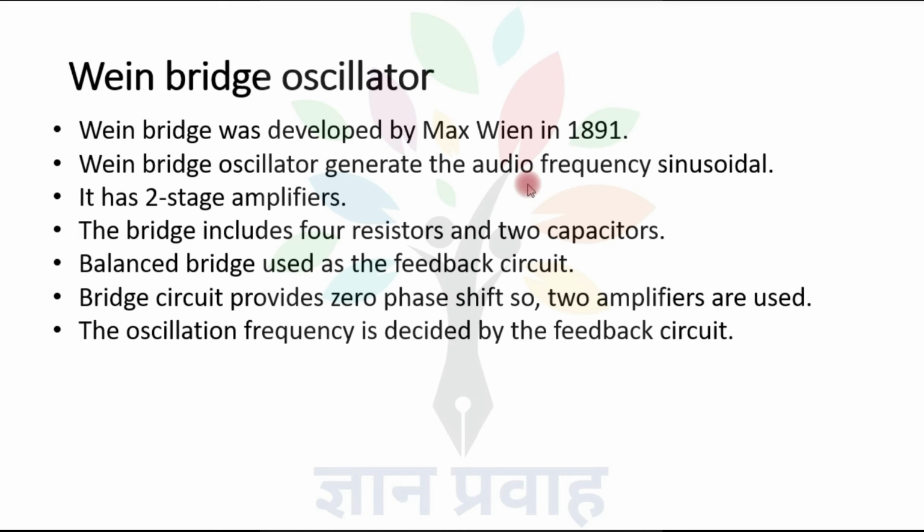Therefore, two amplifiers are used in the Bain bridge oscillator. The oscillation frequency of the Bain bridge is decided by the feedback circuit, or the components used inside the feedback circuit. So by controlling these components, we can control the oscillation frequency.